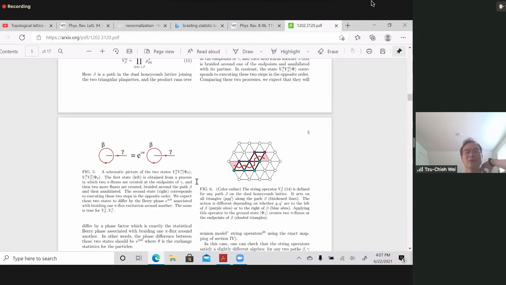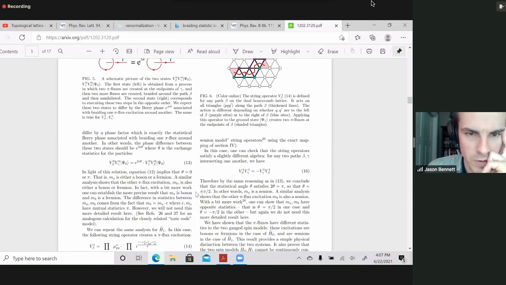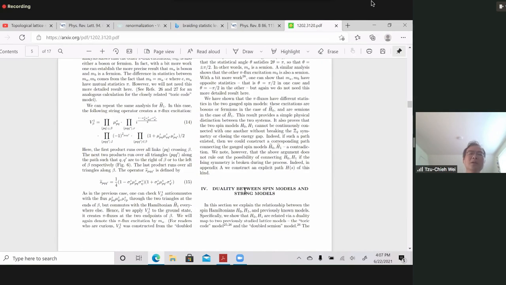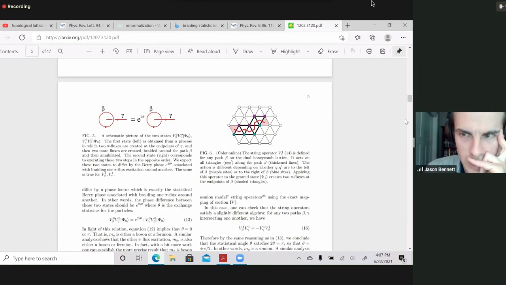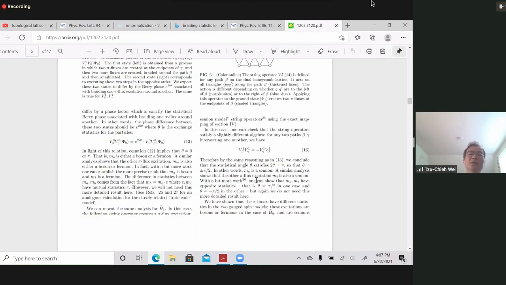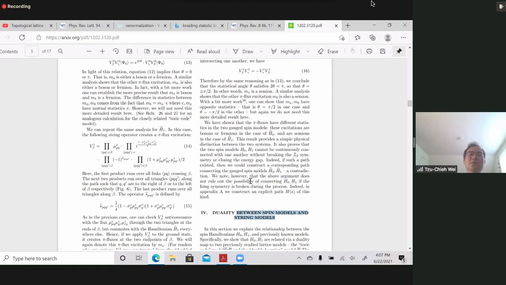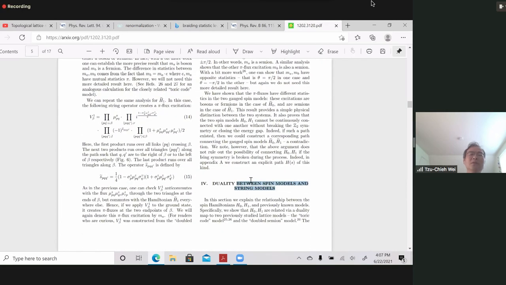Yeah, you have to read this. So this is the string-net type of stuff. They say an important point is that the dual string degrees of freedom always form closed loops.